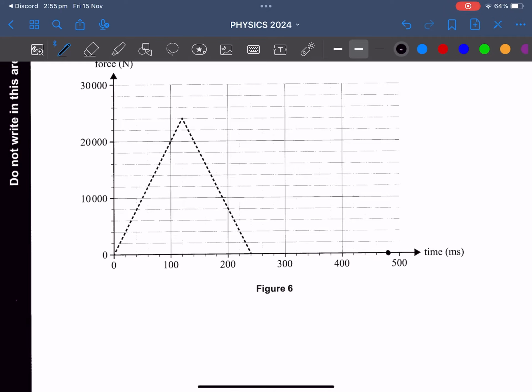And what is our maximum? This was 24,000. We divide by 2, we have 12,000. So it will be like this, basically. Let's just draw the line, maybe I'll use a different color. So from here and then here. Something like this would, I think, be acceptable. Okay.